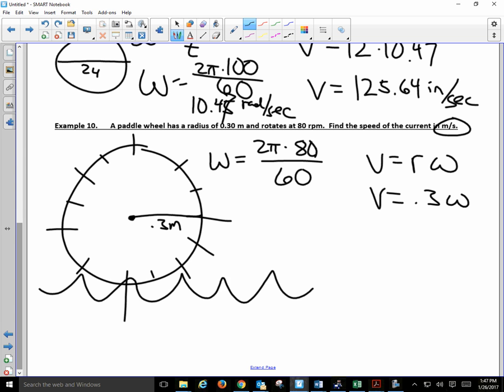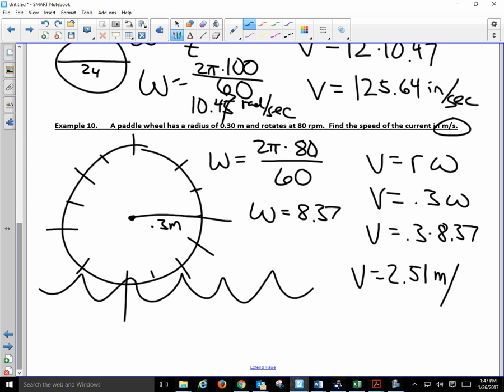Somebody take 2 pi times 80 and divide by 60. 8.37. So velocity is equal to 0.3 times 8.37. If I do that, I get velocity is equal to 2.5 what? 2.51, and that's meters per second.